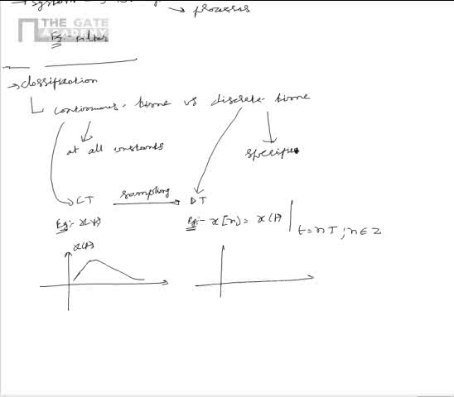From this, we can obtain the discrete time signal x of n by sampling. Here the points marked correspond to x of n, that is, they correspond to some integer instants nT.